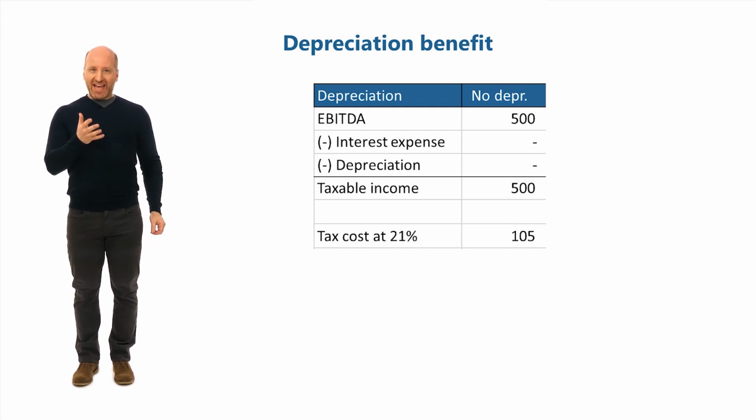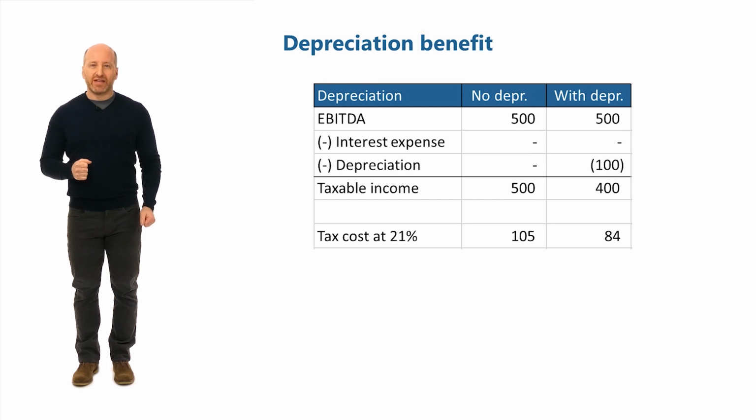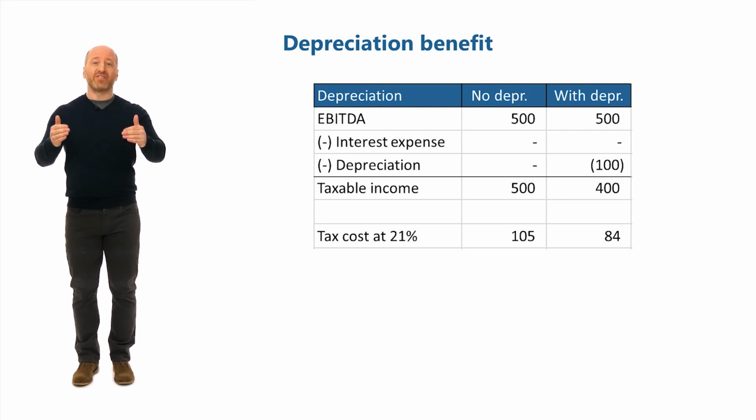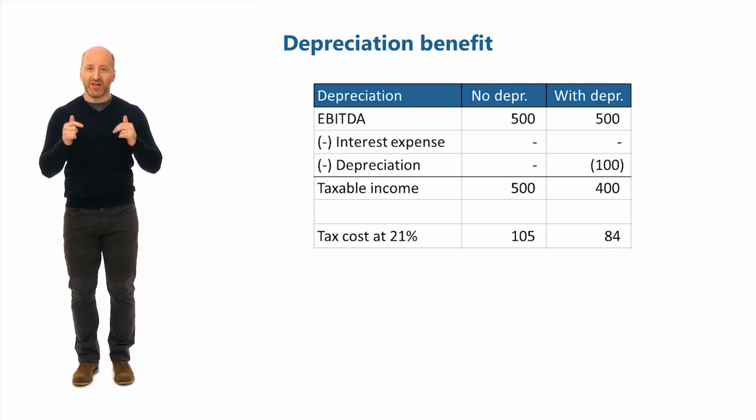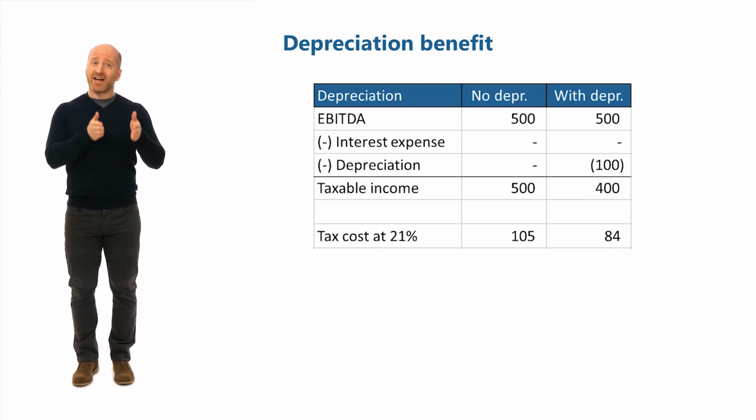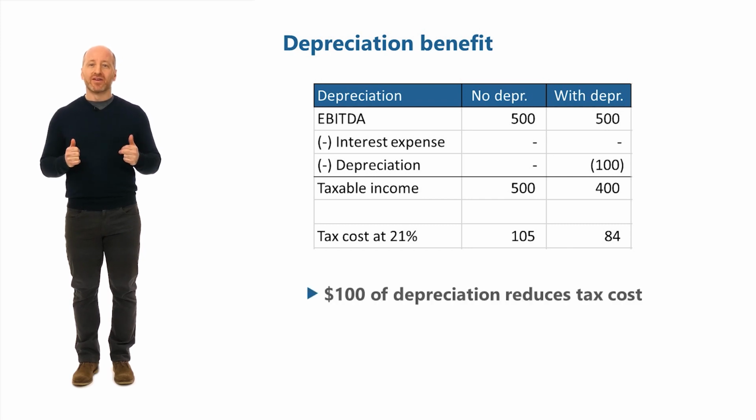Now, if instead we had a project that generated $100 of depreciation, we would reduce our taxable income, or reduce our EBT, from 500 less 100 of depreciation, so it's now 400 in income, and the project will pay tax on 21% of 400, which equals 84. So this $100 of depreciation will reduce our tax payments from 105 down to 84.